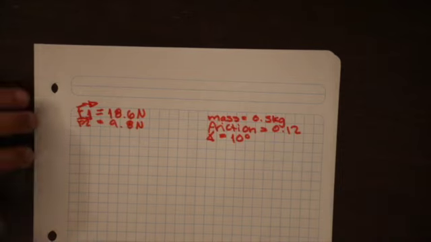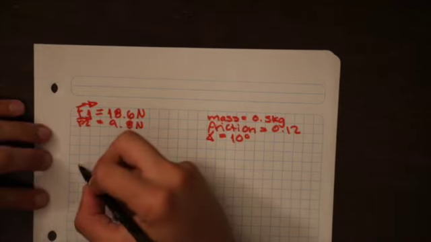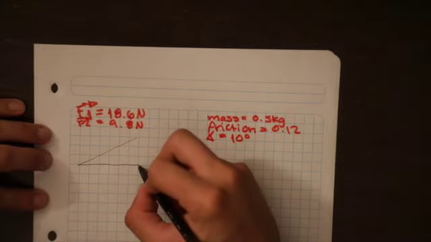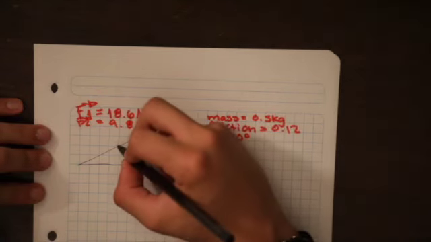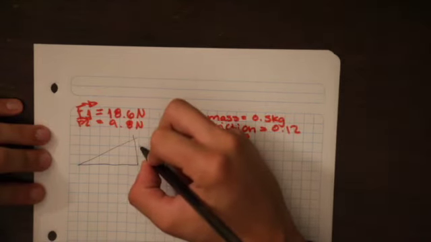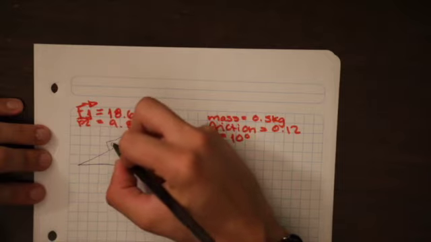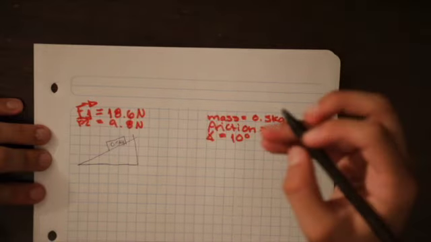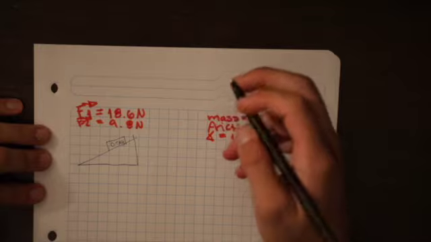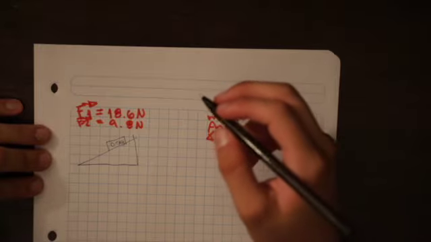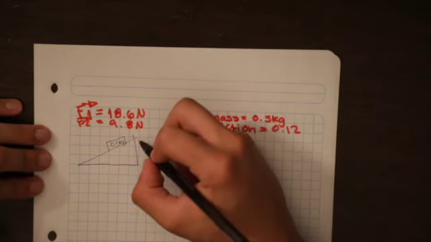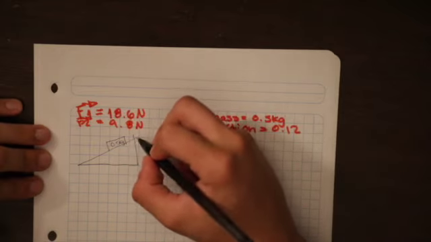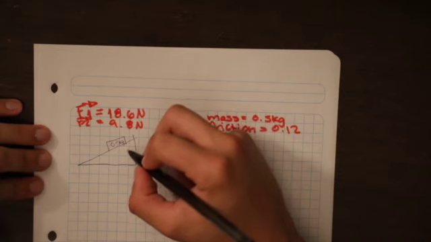So right now we're gonna do the representation in here. We have the inclined plane as we had before, but this time we have an object pulling downwards. So in this case we have here our 0.5 kilogram object. We have the forces in a different way because 18.6, like the F1, is basically pulling the object downwards instead of upwards.